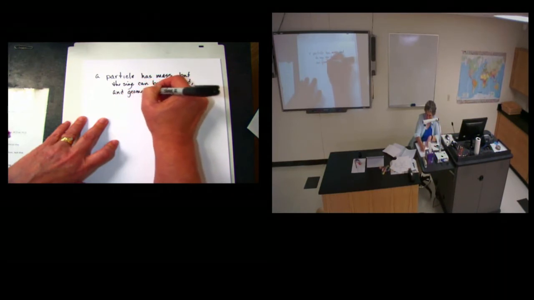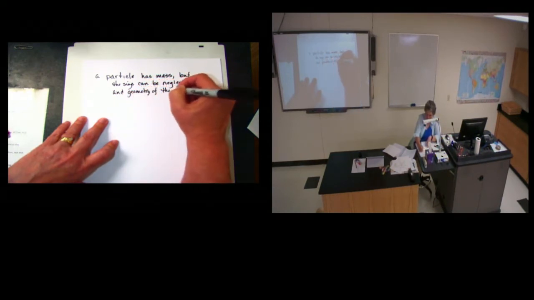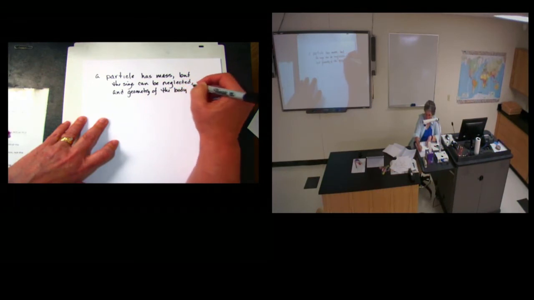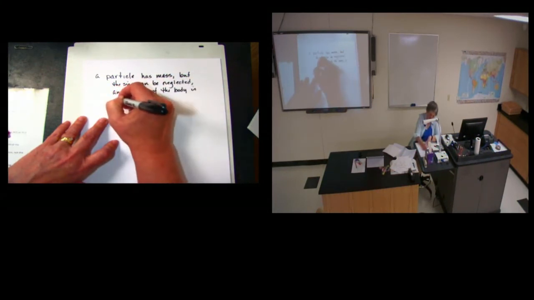So that's our difference between a particle and a rigid body, and we're going to start with particles.